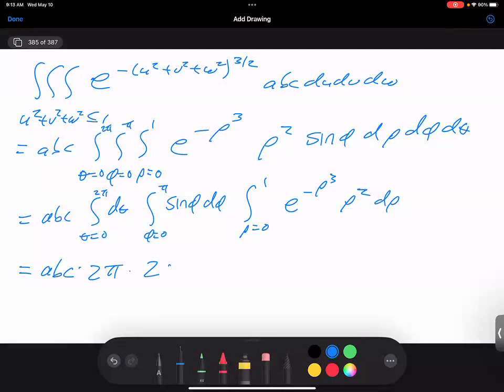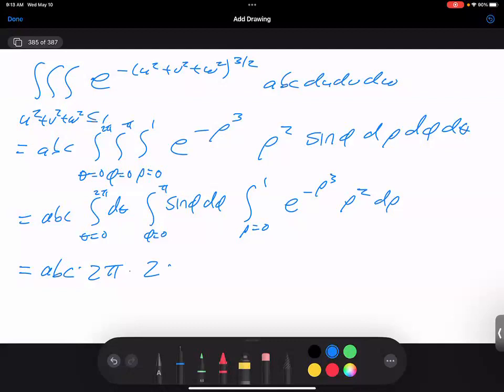Now we have e to the negative rho cubed times rho squared. Is this a nice integral? Why is this a nice integral? We can do u substitution.